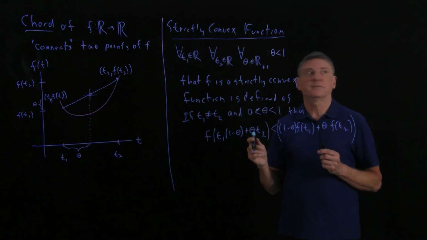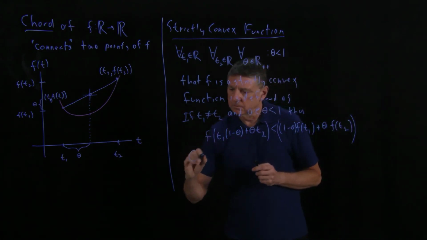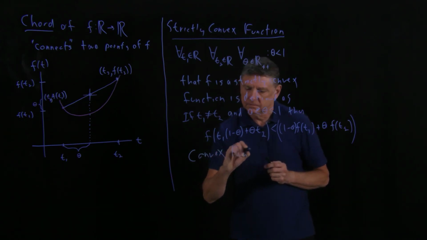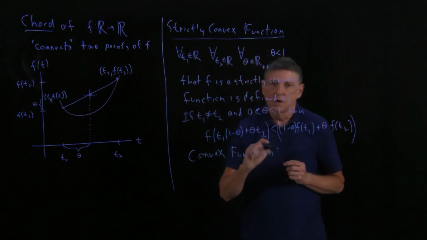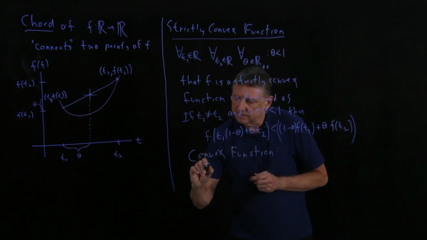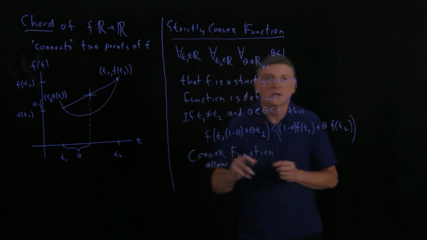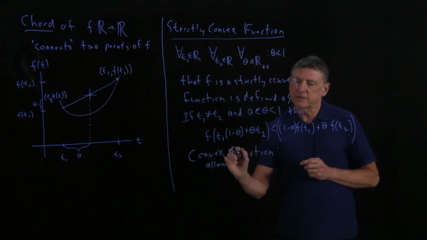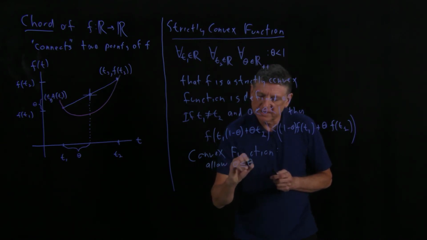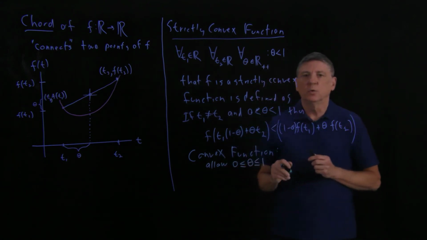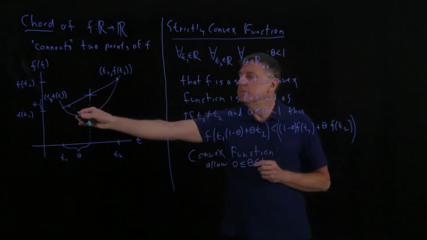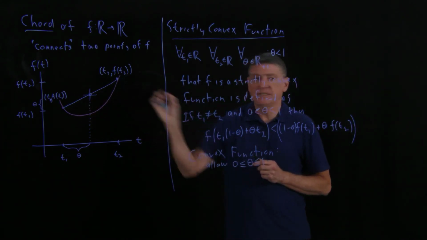If we have a convex function, what we do is we will modify that, and you can see the notes to get the formal definition. We allow 0 less than or equal to theta less than or equal to 1. That is, we'll now relax this condition and allow theta to actually be at T1 and at T2.